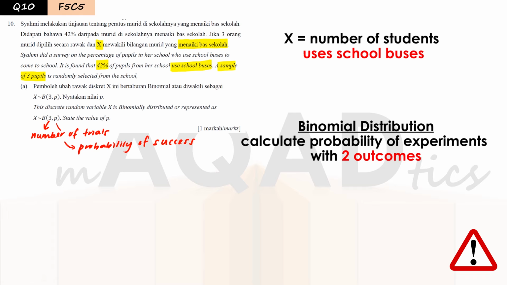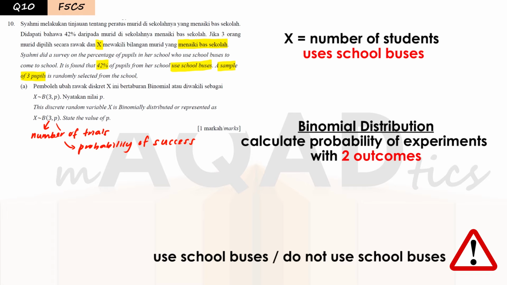These two outcomes are completely different from each other. Or up or down. Male or female. For our case in this question, it would be use school buses or do not use school buses. So for binomial distribution, the experiments will always have two outcomes.